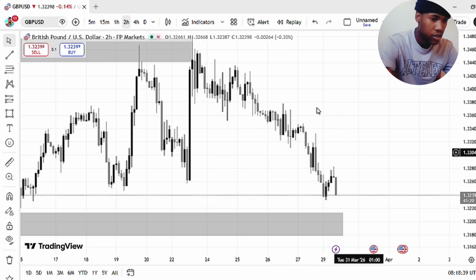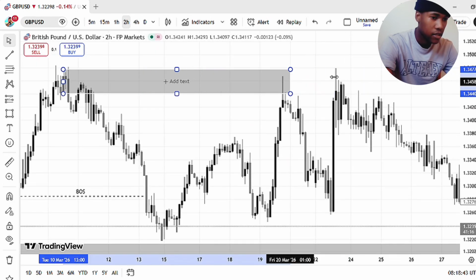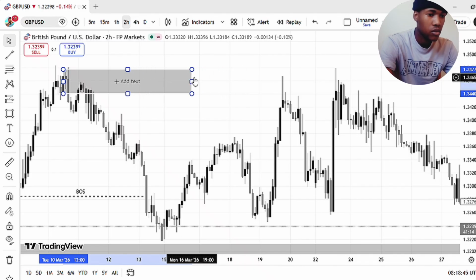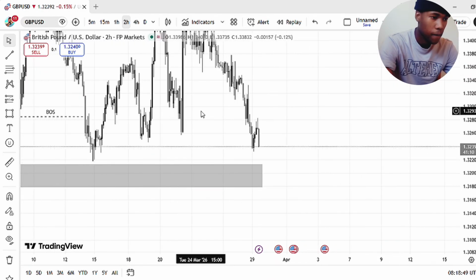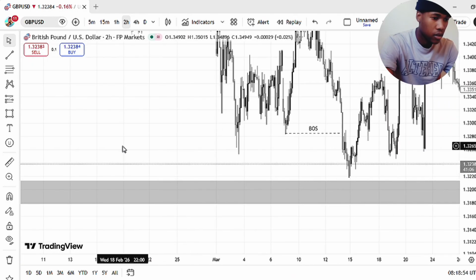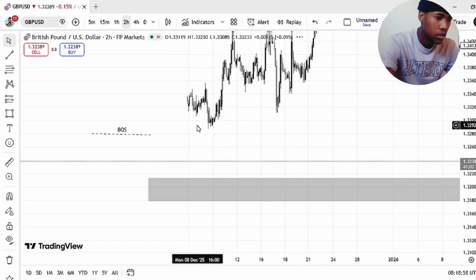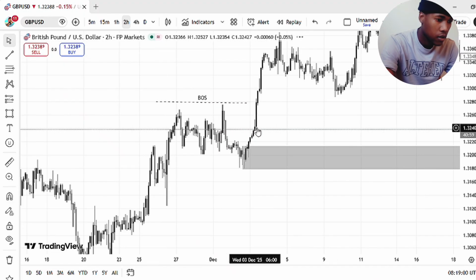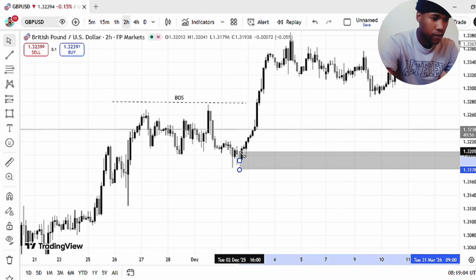So let's just pay attention to what is going on here, because the market already reacted to this order block. But first, let me refine this order block, because the market is going to react to it. So we need to know whether the market did react to this order block in the lower time frame or not.